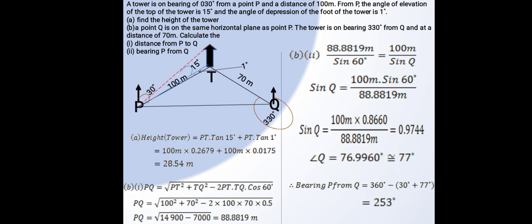Now part 2, we have been asked to calculate the bearing of P from Q. Now standing at P, how do you view Q? Now we know what is remaining to complete.